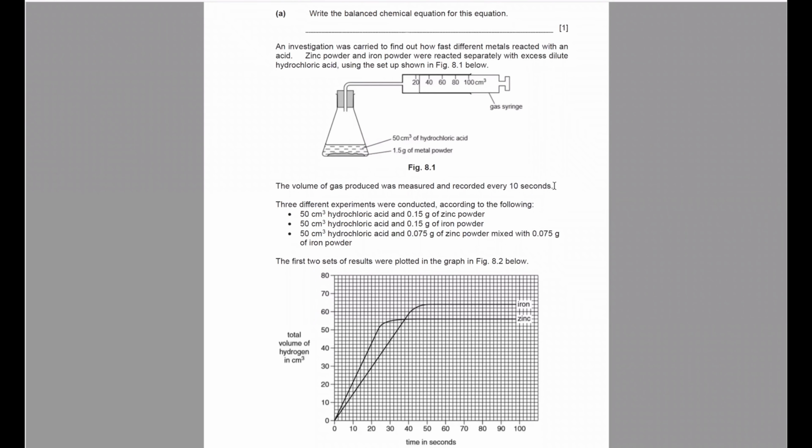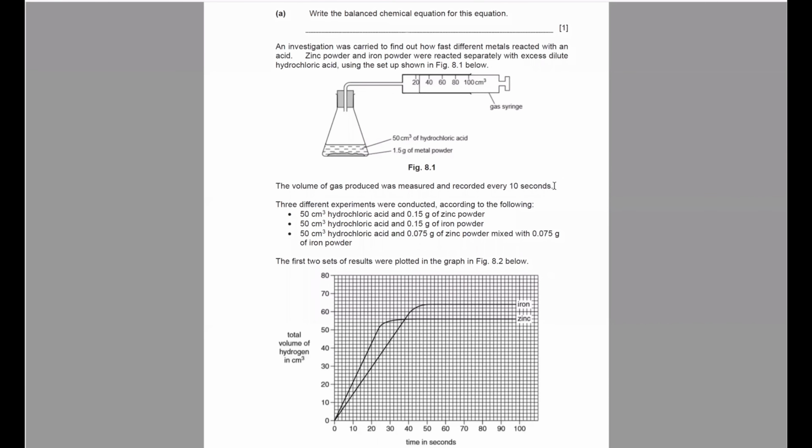Then you see that volumes of gas produced were measured and recorded every 10 seconds.